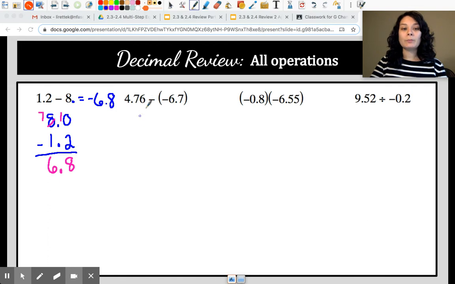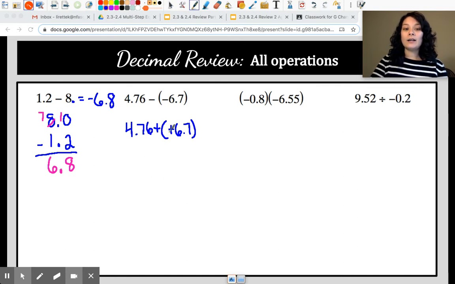I have a couple double negatives. If you are familiar with the phrase keep, change, flip, I can simply change this to adding the opposite. Well, if I add the opposite of a negative, that's going to be a positive. So again, if I'm adding or subtracting, I need to align my decimal points.